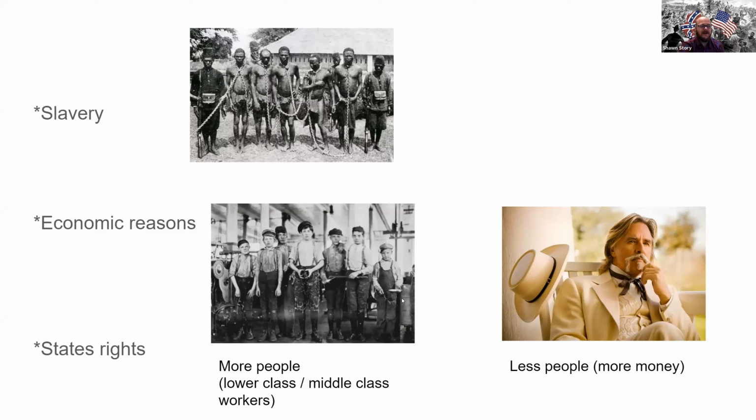But then it was this conflict of people. We have this middle class group of workers working for wages, or that rich, prestigious landowner. And then finally, the last one was states' rights. Which one's more important? Really large cities with large amounts of workers, or rural states with less people, but they are still states? Population or being a state?